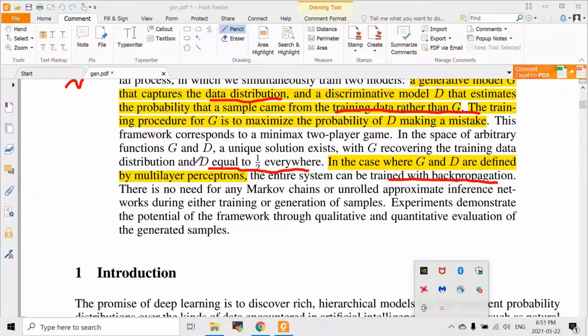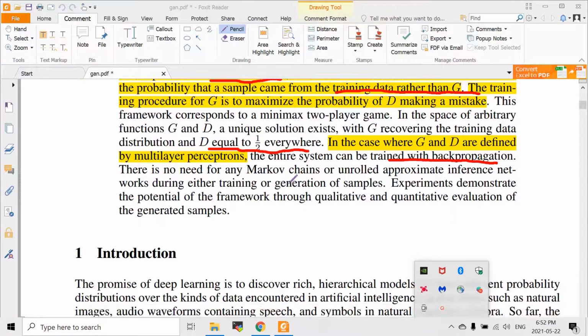So it is half, which means the discriminator is not really sure, which means the generator has been successfully able to produce data that the discriminator cannot really tell if it's from the real distribution or the fake distribution, real data or fake data.